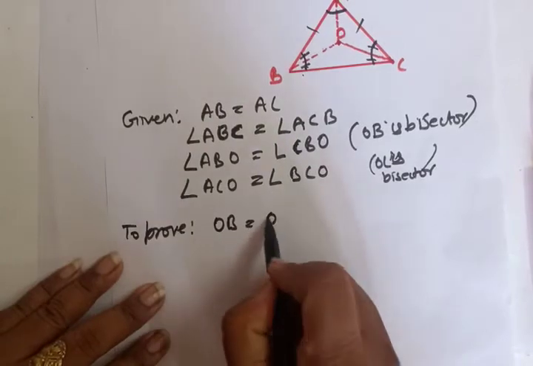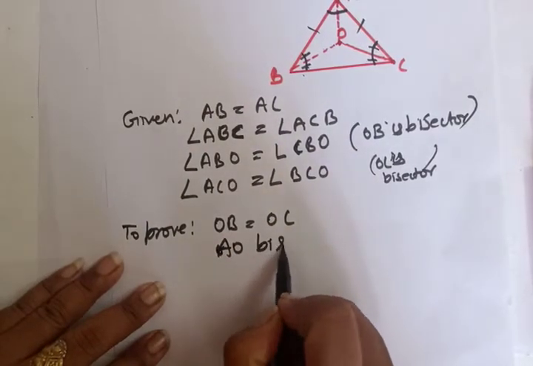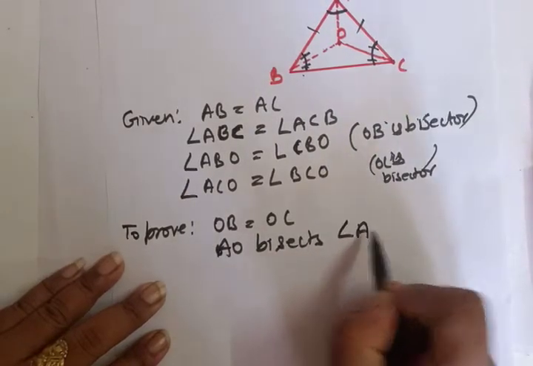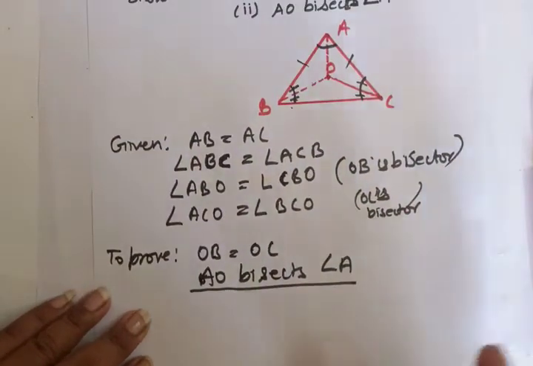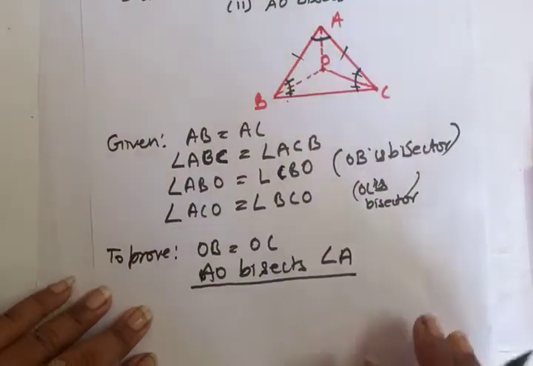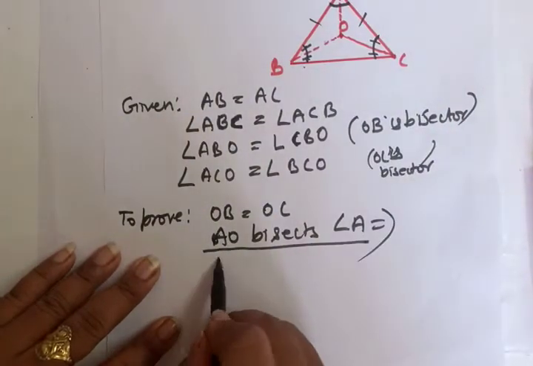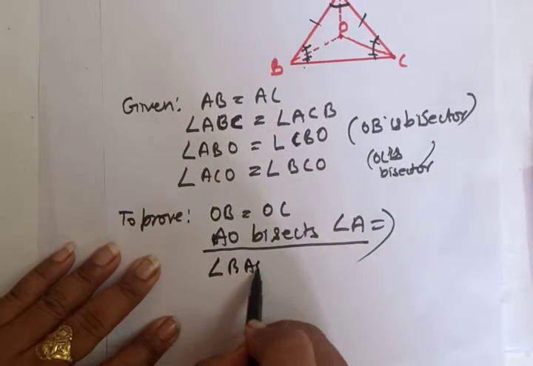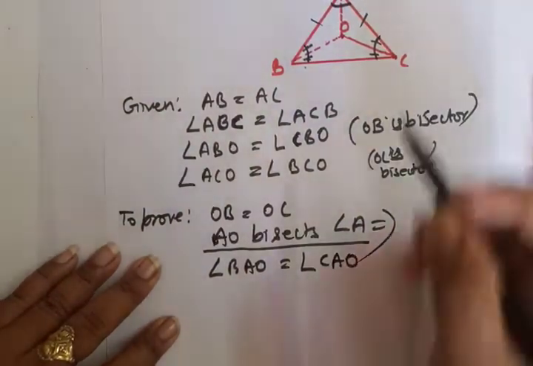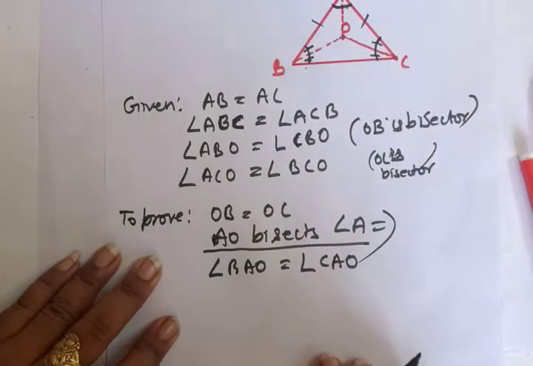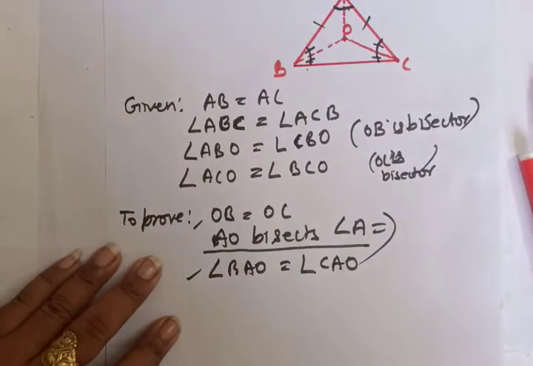OB is equal to OC and AO bisects angle A. So to make this line clear to ourselves, what we will write is what we have to prove: angle BAO, this angle, is equal to angle CAO, this angle, yes. So I hope it is very clear what we have to prove.